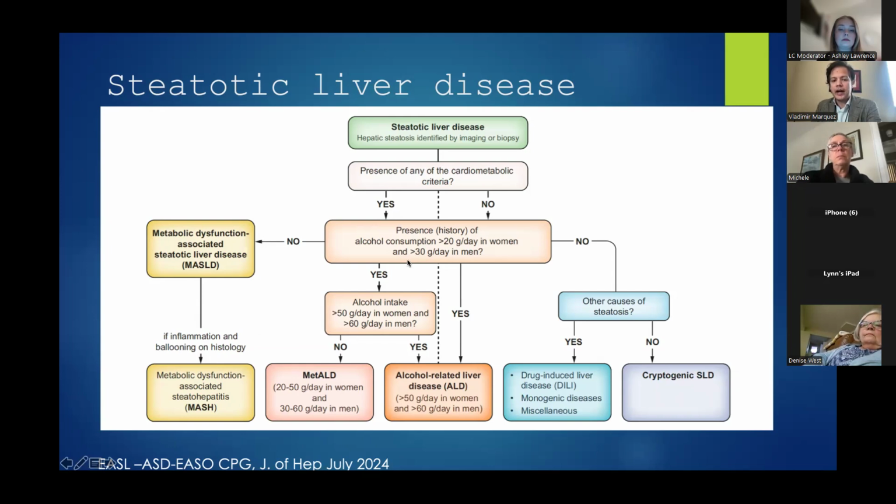If there is some history of alcohol use, we're going to call it MetALD, so metabolic, but also ALD, meaning that there is a combination of both alcohol-related liver disease and also a metabolic disease. If it's a pure alcohol-related liver disease, we're just going to call it alcohol-related liver disease.